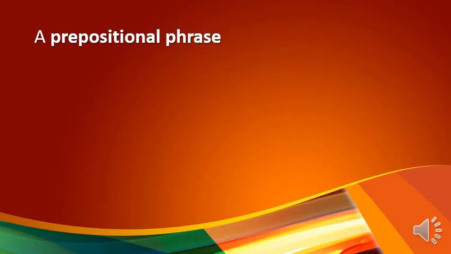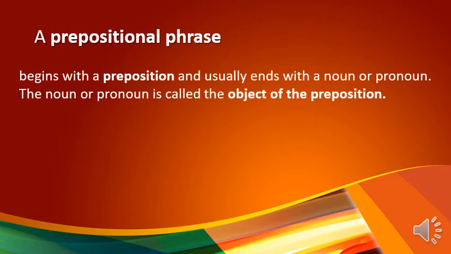So what is a prepositional phrase? A prepositional phrase begins with a preposition and usually ends with a noun or pronoun. So the beginning of a prepositional phrase is the preposition itself, okay? And the end is a noun or a pronoun.